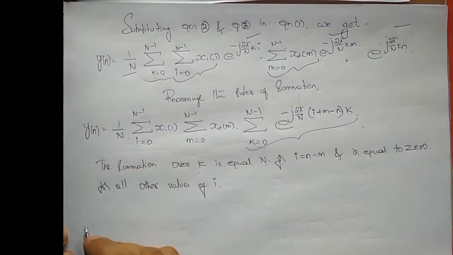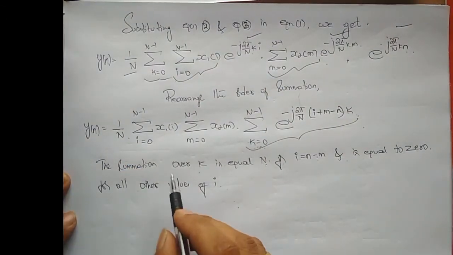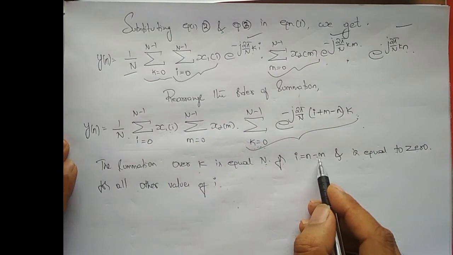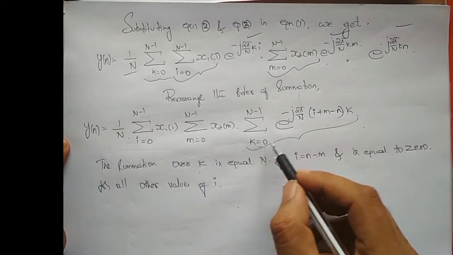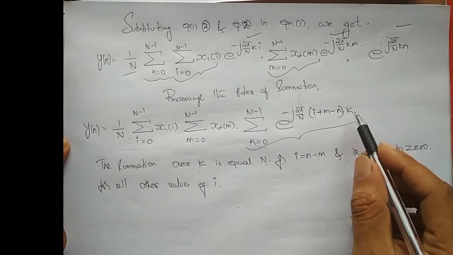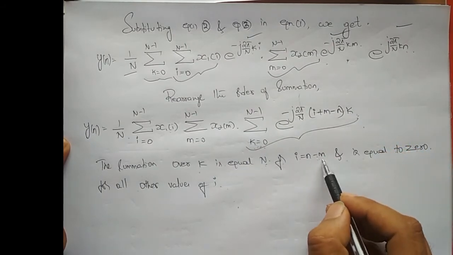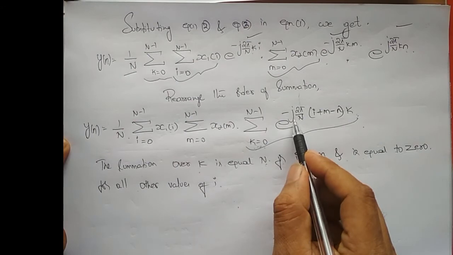Now we'll continue with the next step. I'll replace I with N minus m, because I want to make this n. When I is equal to N minus m, this is n, right?